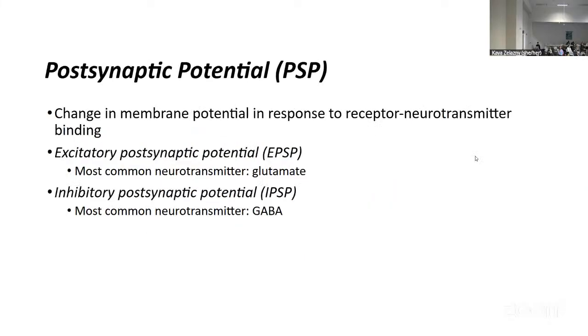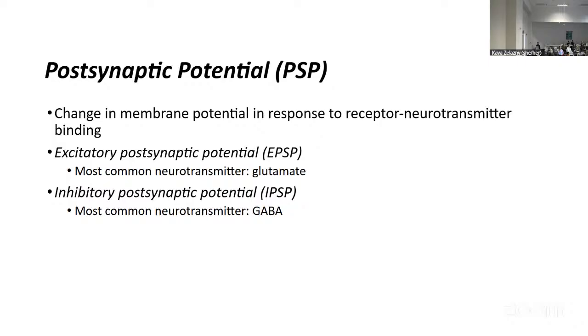Okay. So these are postsynaptic potentials. That's how they would work. We're just looking at the ion channel itself, which is what we would do if we were thinking about ionotropic receptors. Okay? So postsynaptic potentials are happening in response to a neurotransmitter binding to a receptor. And they're either going to be excitatory, EPSPs, or inhibitory, IPSPs.